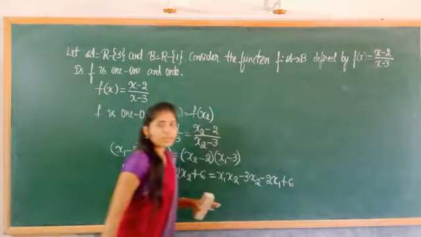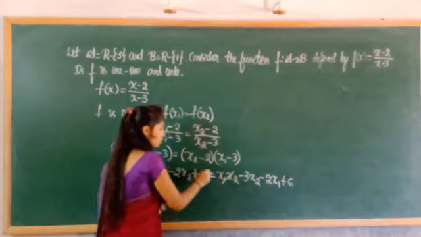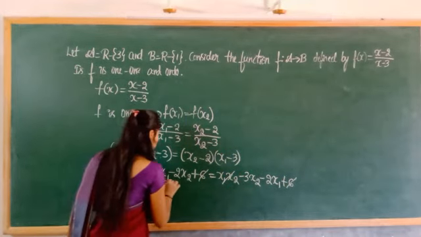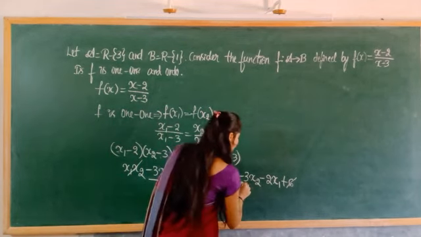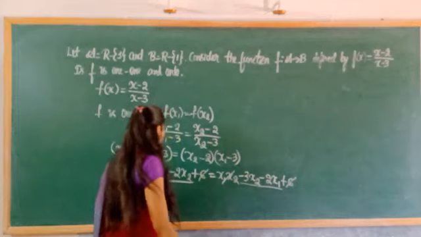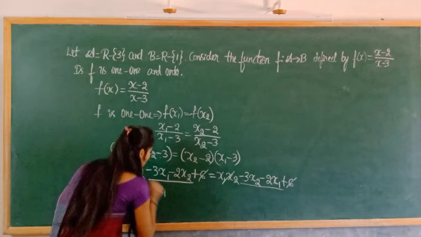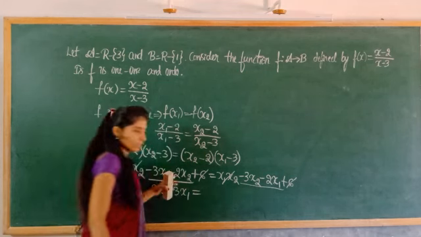See here, in LHS and RHS x1 into x2 cancel each other and plus 6 also cancels. The remaining terms are minus 3x1 minus 2x2 on the left and minus 3x2 minus 2x1 on the right. I will take x1 terms to the LHS and x2 terms to the RHS.